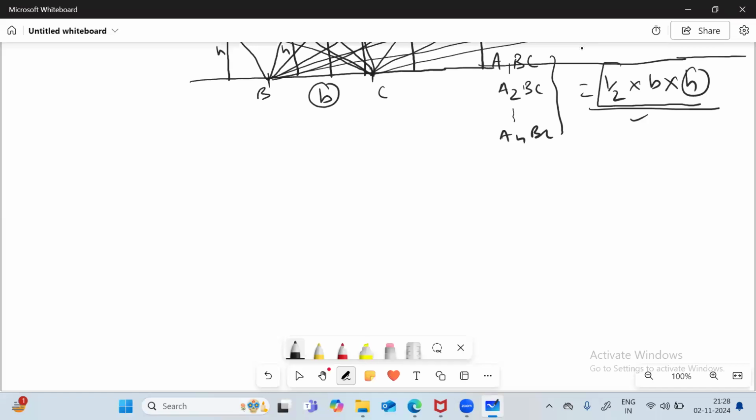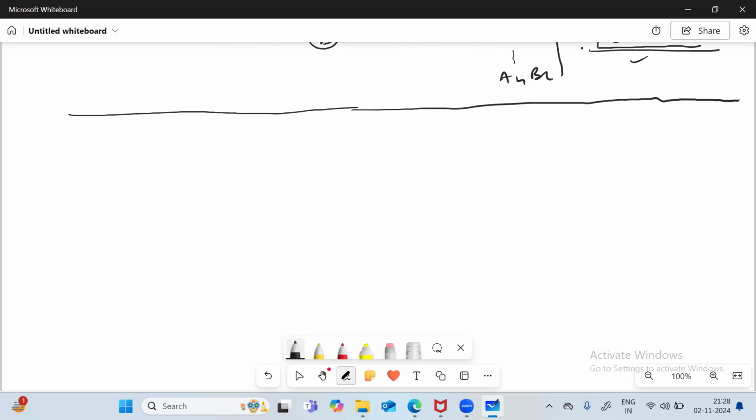So now, after learning a bit about the mensuration of triangles, let's go back to the geometry. Some of the geometrical facts that you need to learn here are with respect to similar and congruent triangles. So what are similar triangles?